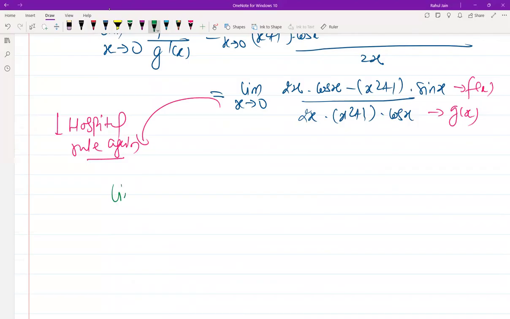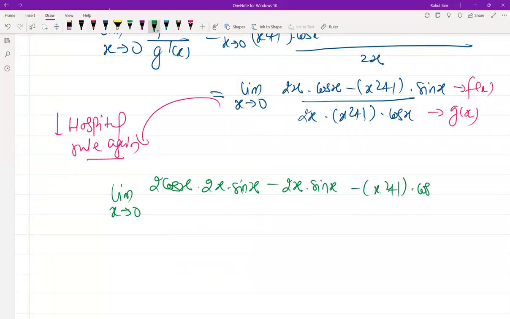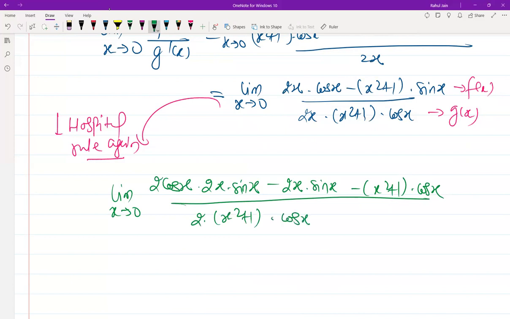Now, limit x tends to 0 of 2 cos x into 2x into sin x minus 2x into sin x minus (x square plus 1) into cos x, divided by 2 into (x square plus 1) into cos x minus 4x square into sin x.